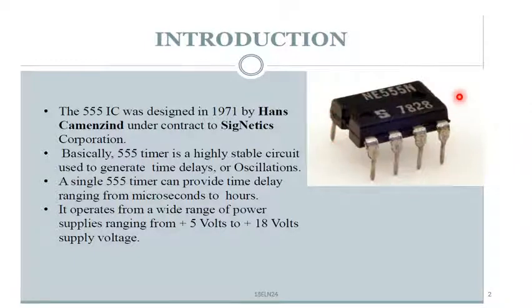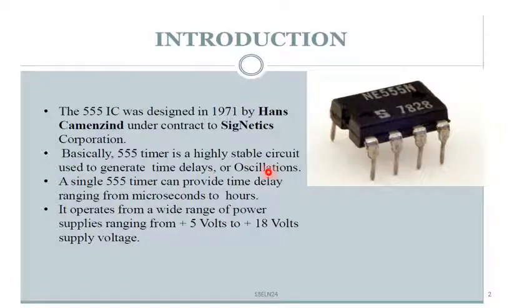The IC 555 timer has 8 pins, and as I mentioned, it is in dual DIP packages. It looks like an op-amp. The 555 IC was designed in 1971 by Hans Camenzind under contract to Signetics Corporation. Basically the 555 timer is a highly stable circuit used to generate time delays or oscillations.